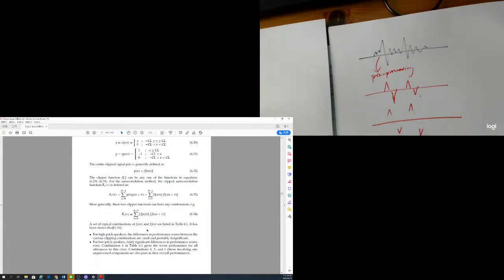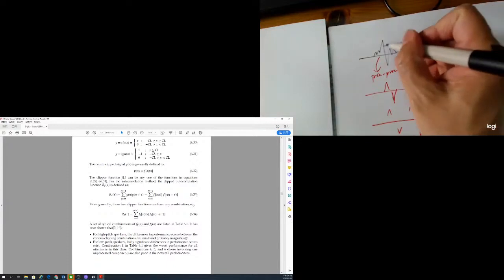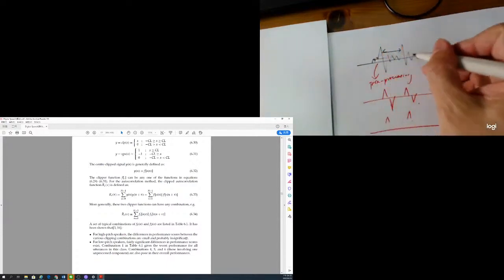You can see here that for high pitch speakers, the difference in performance scores between various clipping combinations is small and probably insignificant. High frequency looks like high pitch, so the pitch is bigger. Because the period is longer, if you do center clipping, maybe it is not a big issue here.